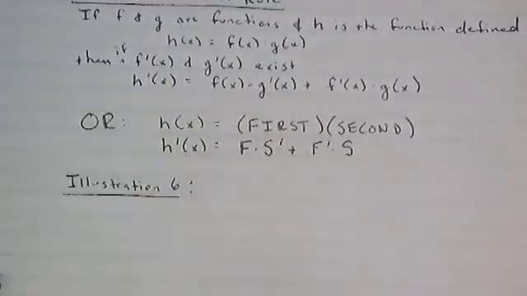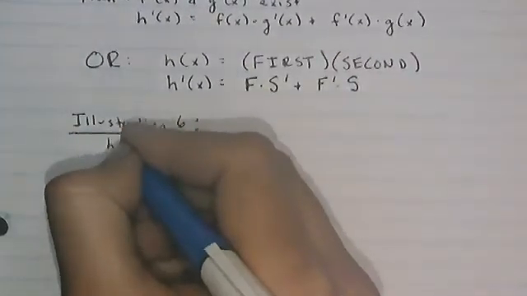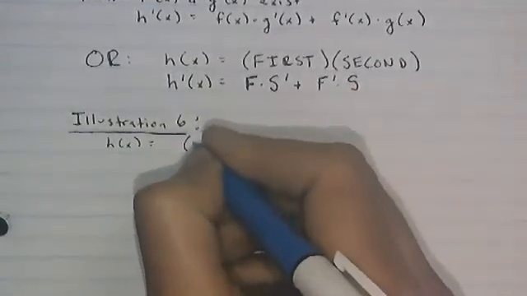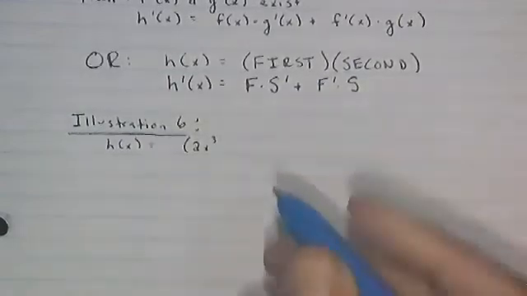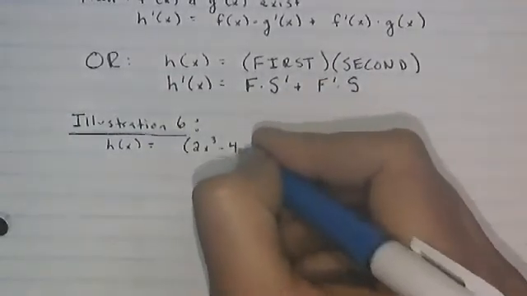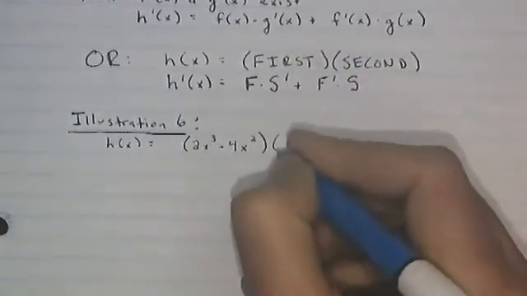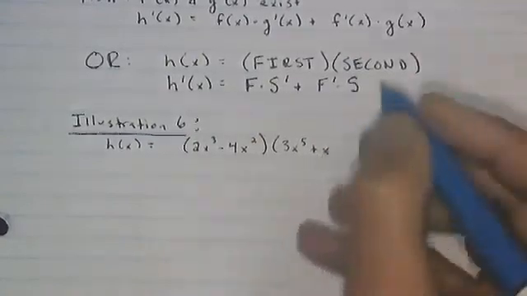We're going to revisit the function we just looked at, which was h of x. And we had 2x cubed minus 4x squared times 3x to the 5th plus x squared.